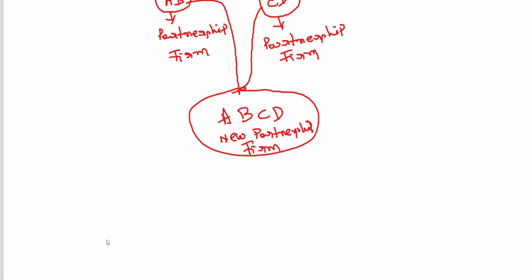They can go for expansion of the business, more capital can be pumped into it, and you are also able to attract customers. There are so many advantages of merging these two firms.